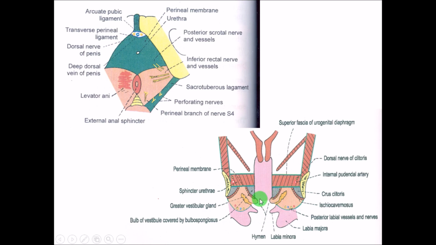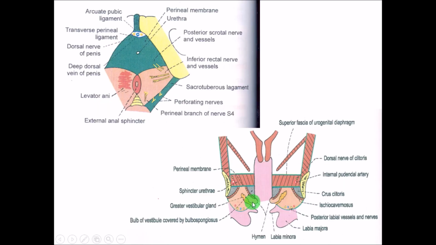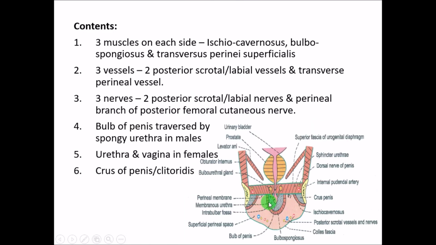Then we have the bulbospongiosus. Here is the bulb of the vestibule, covered by the bulbospongiosus. This is the bulb of the vestibule, corresponding to the bulb of the penis in the male. In the female it is the bulb of the vestibule covered by the bulbospongiosus. The muscle is the same.